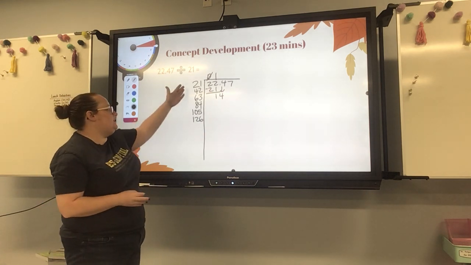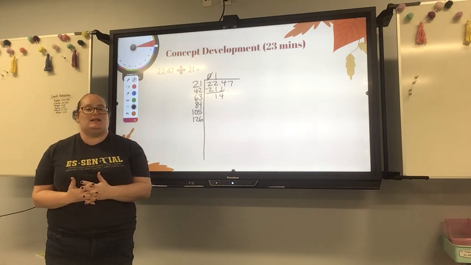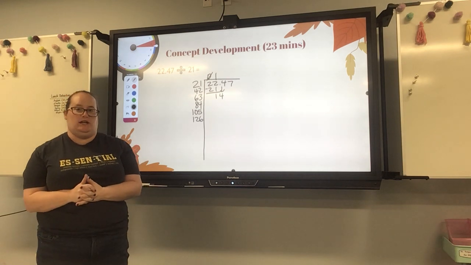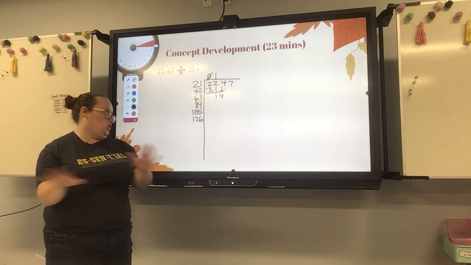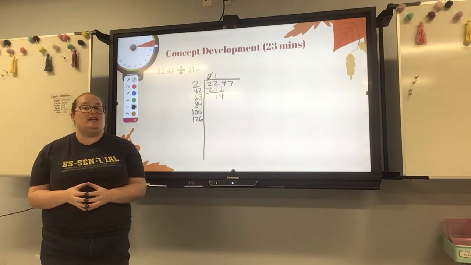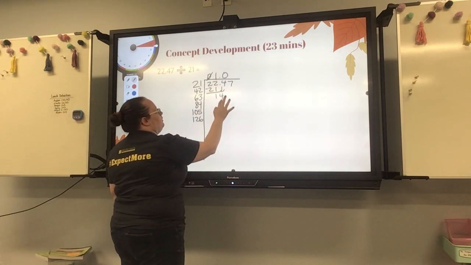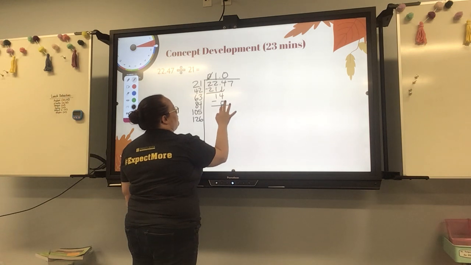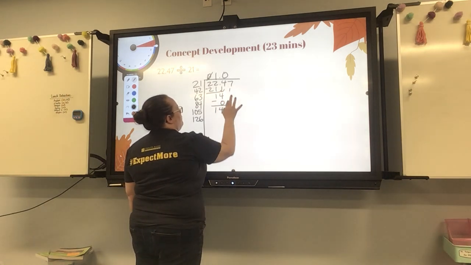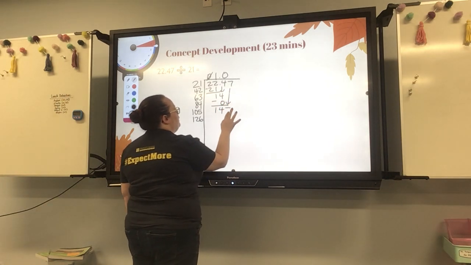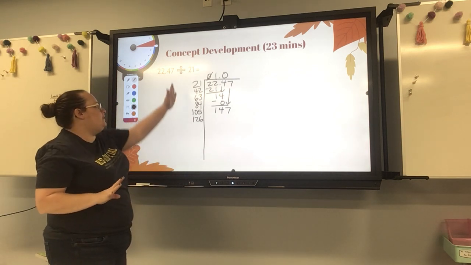Well, if I look at my list, is there a number on my list that is smaller than 14? No. So 21 cannot go into 14, so I would put a 0. 14 minus 0 is 14. Bring down the 7. I need to keep going on my list of multiples.